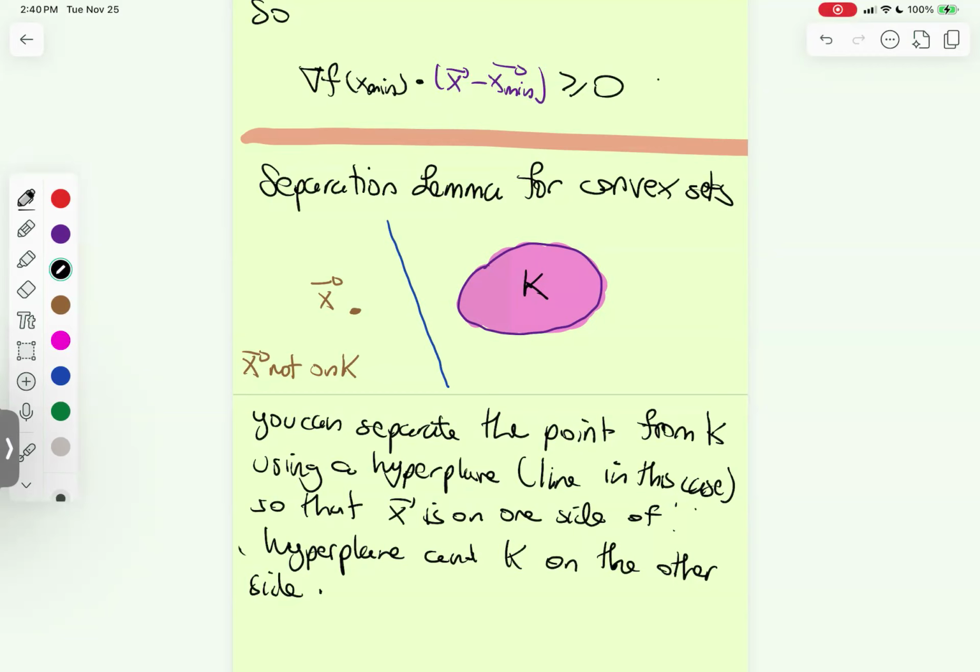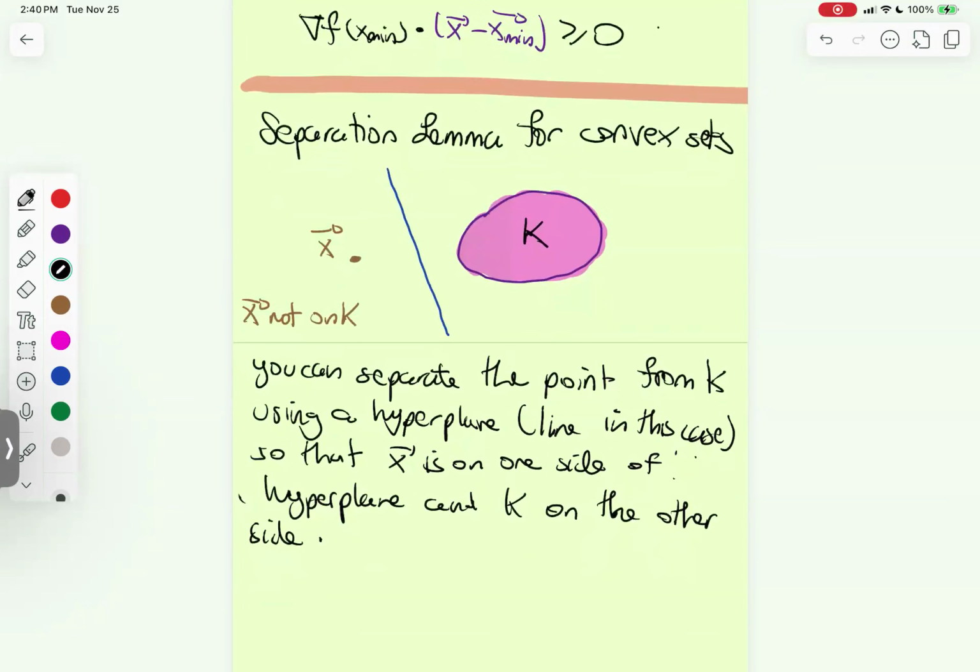So now how do I want to use this? There is a version of this that I want to use for the case of the airplane, but this is from Farkas lemma, which I'll tell you about now.